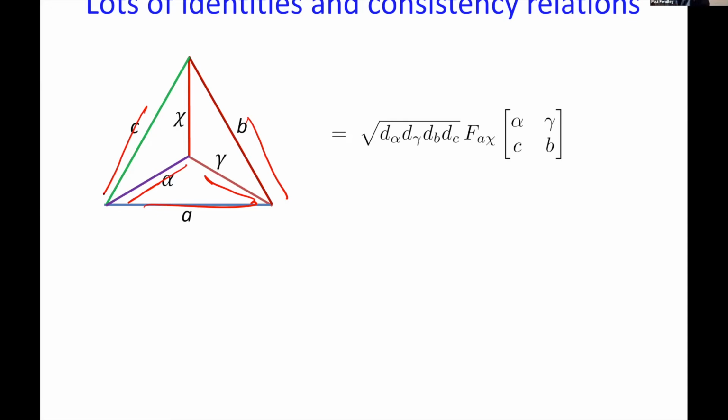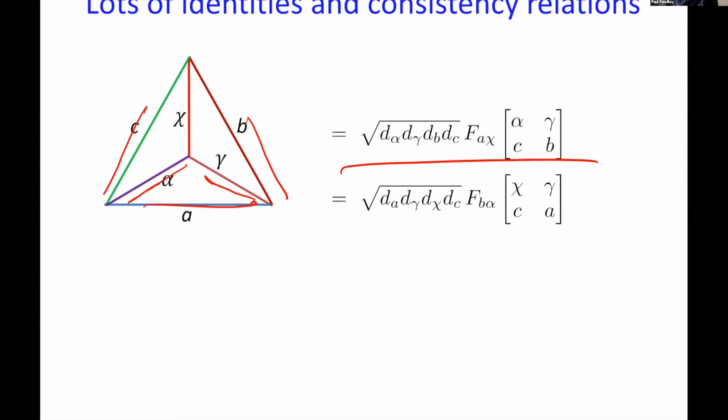And you keep going, and this is what you end up with for that picture. Now I could have started with a different F move, and I would have gotten a different answer. But the point is consistency says that these things have to be the same. So they're the same. And so that gives you lots of identities.